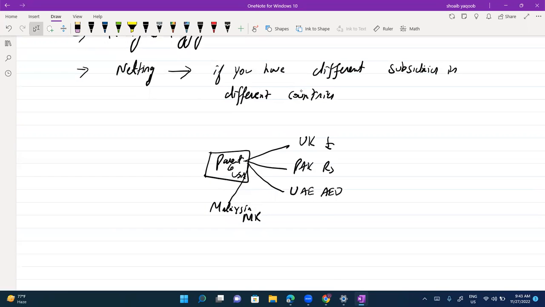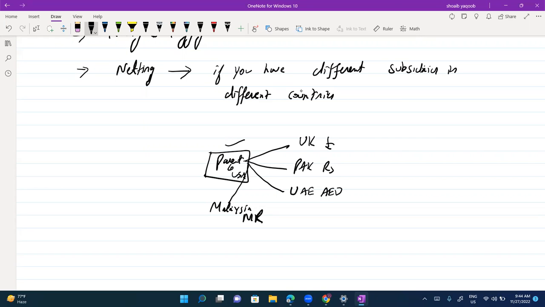So what you will do? Ultimately, all the impact of currencies will be transferred to the parent company. So in a group, some of the transaction will be in pound, some in rupees, some in AED, some in Malaysian ringgit. Ringgit is the currency of Malaysia. So what you will do?